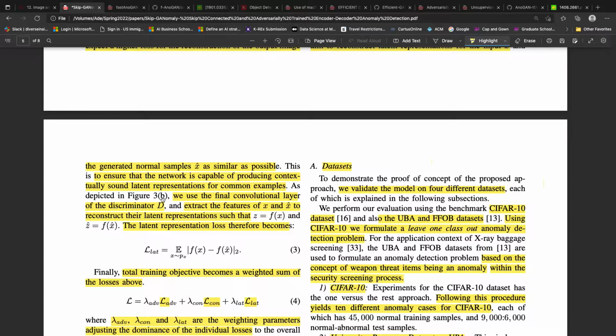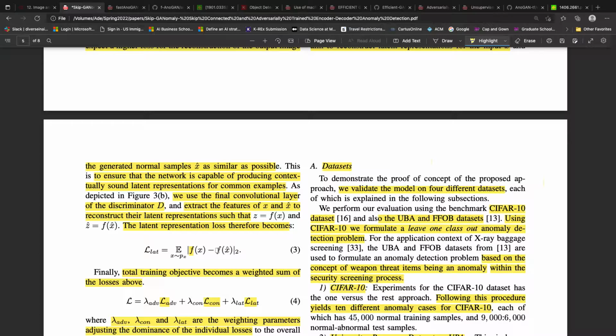So that is to ensure that the data is capable of producing contextually sound latent representation for common examples. And what they are using here is the L2 norm. So now the x is taking a sample from the probability distribution of the normal instances, and this f represents the discriminator. That's the function, that's the neural network.